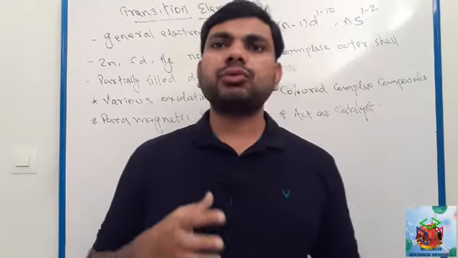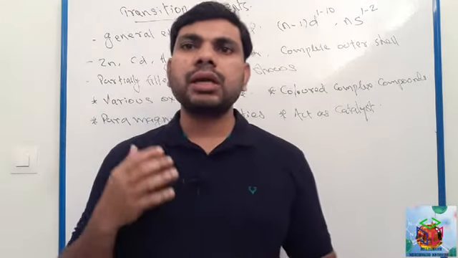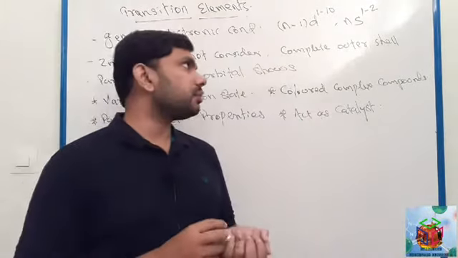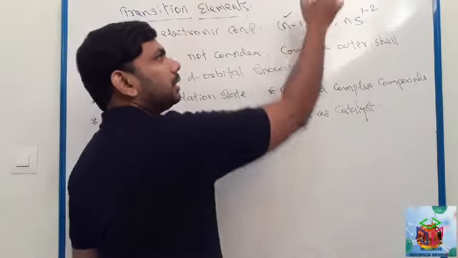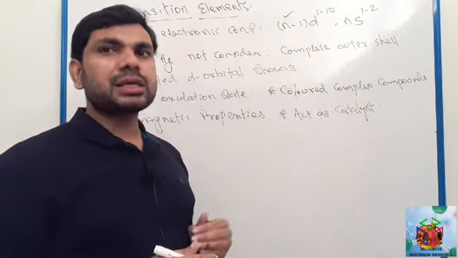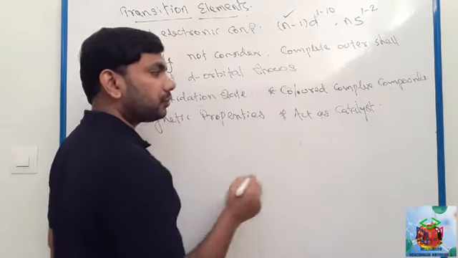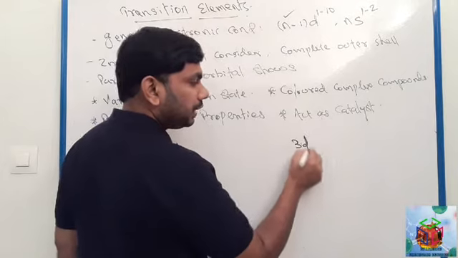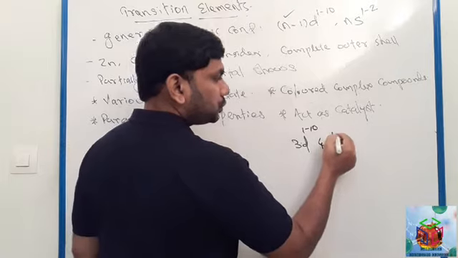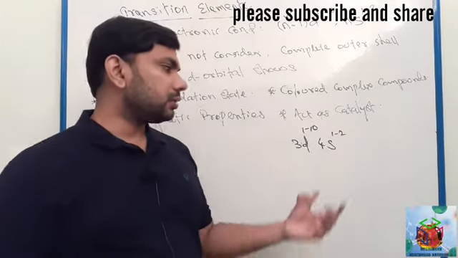Next, we have to study the D block elements or transition elements. The general electronic configuration of transition elements is (n minus 1)d 1 to 10 and ns 1 to 2.